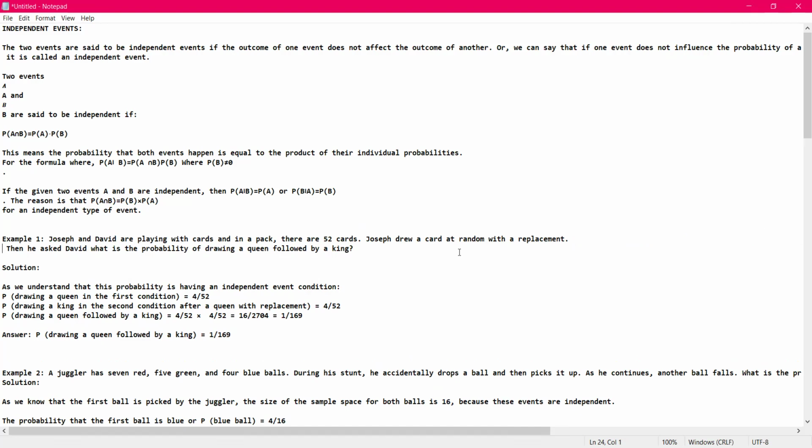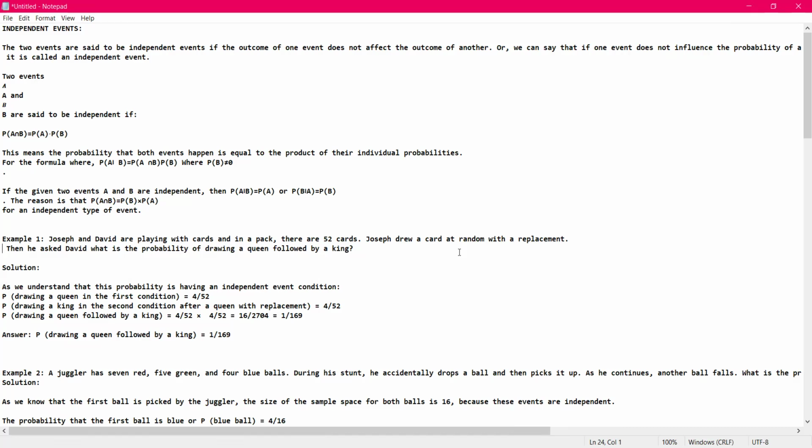So after drawing a card with replacement, Joseph asked David, what is the probability of drawing a king followed by a queen? It means after picking a king card, what is the probability of drawing a queen card?